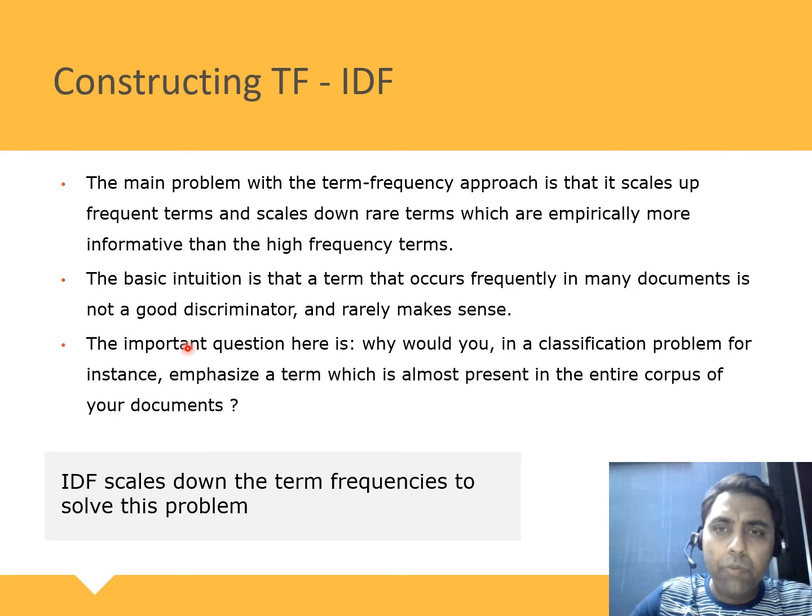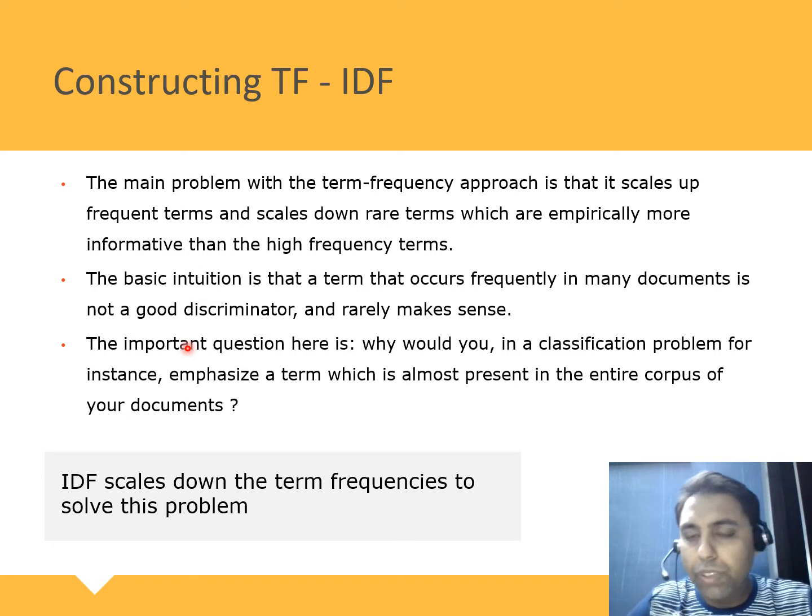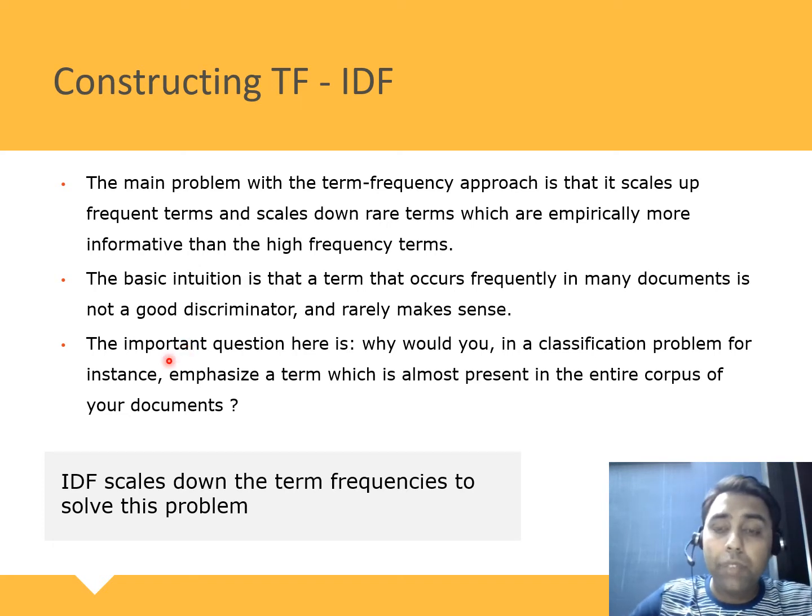The main problem with the term frequency approach is that it scales up the frequent terms and scales down the rare terms. On the contrary, it is the rare terms which can at times, and in fact most times, be more important to identify, because they might show different trends compared to the words which are abundantly available in the document that you are handling.